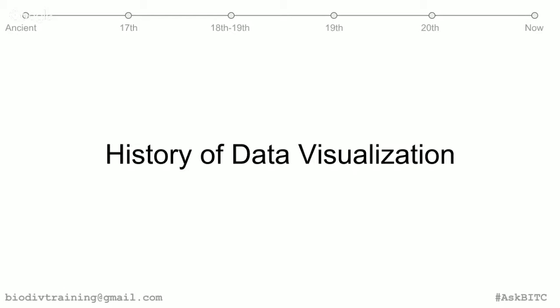I have divided the history into 6 periods, each one with a general feel or a background idea, which are ancient history previous to the 17th century, the 17th century, the 18th and beginnings of the 19th century, the 19th century itself, the 20th, and nowadays, the last decade or so.